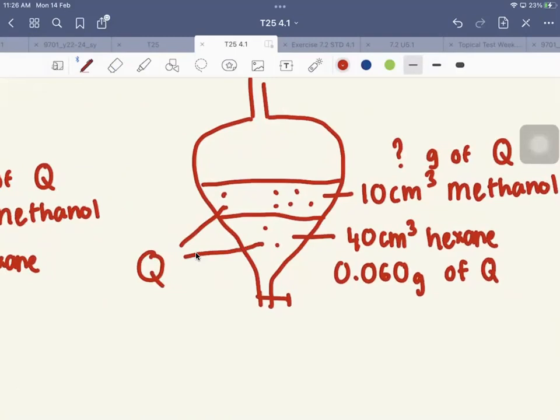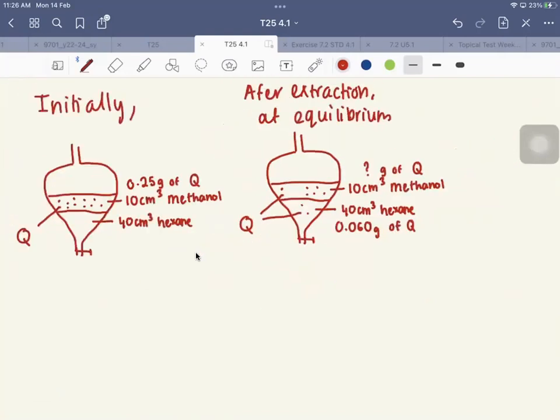Okay, calculate the partition coefficient of Q between hexane and methanol. So I've got my diagrams here, and before working out the KPC, I need to write down the equilibrium equation, where my solute is Q dissolved in hexane is in equilibrium with the same solute Q in methanol.